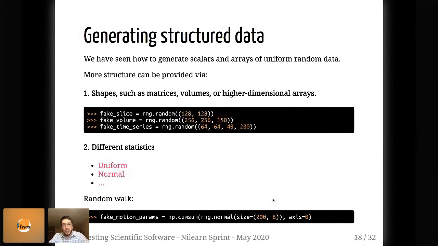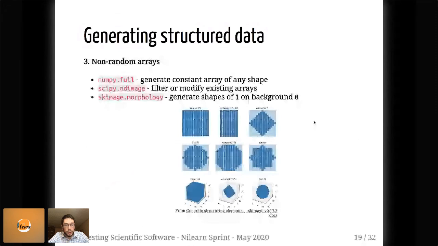You may want to generate non-random arrays. So numpy.full or numpy.zeros or numpy.ones are a good way to generate a large shape of exactly 1 value, which may or may not be very useful. But you can also use scipy.ndimage, assuming you create a useful value, but you want to blur it, or you may want to tile it across the space.